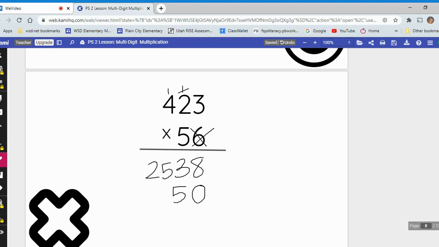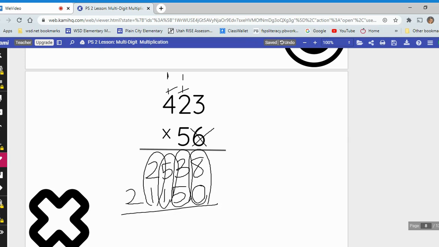So 5 times 3 is 15. Now I'm going to cross that one off and I carry a 1 just so I know that that is with the 5. So 5 times 2 is 10, plus that 1 is 11. Same thing here. I'm going to carry mine and cross that out from the last row. 5 times 4 is 20, plus 1 is 21. Now, you will notice that I have kept all these lined up really carefully because place value is really important.